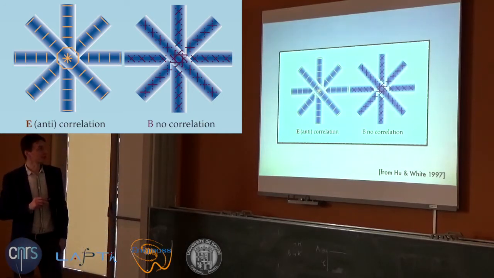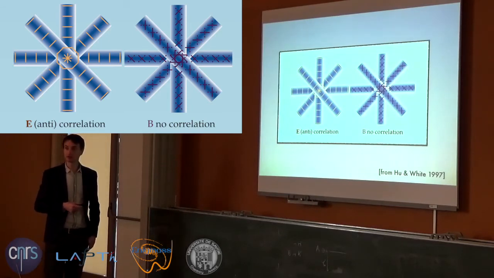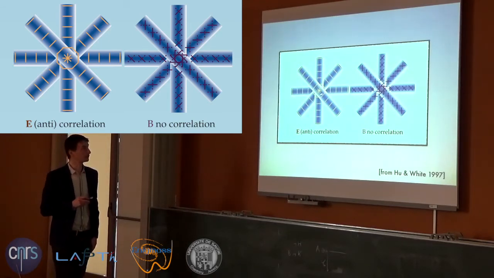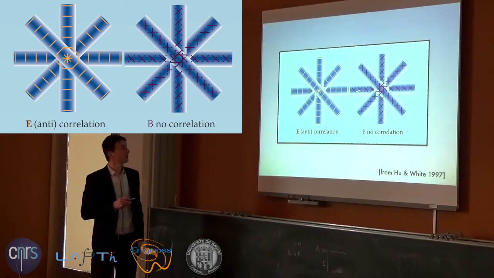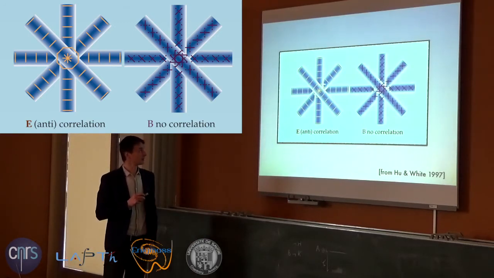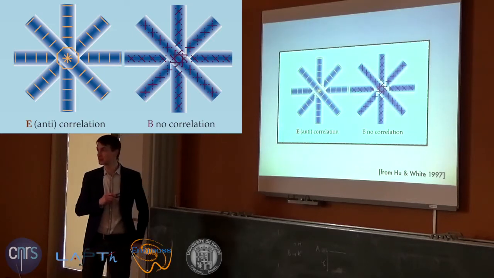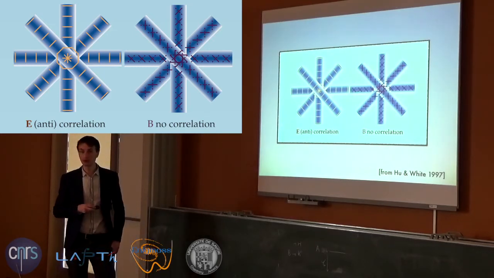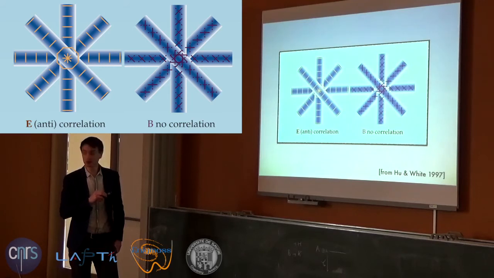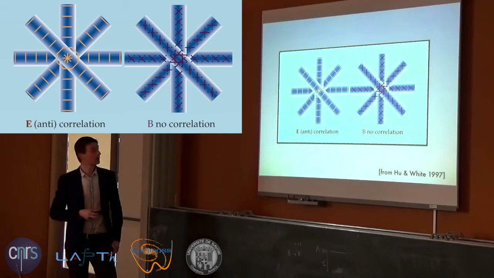So you can construct a vector field from it, but this vector field will be rotation-free, will have no vorticity, will be curl-free. That means that you can produce E polarization, but you cannot produce B polarization because B polarization has a curl. Okay? You start with a temperature field and you let that be the only source of anisotropy, then you cannot produce a vector field that has a net vorticity at linear order.